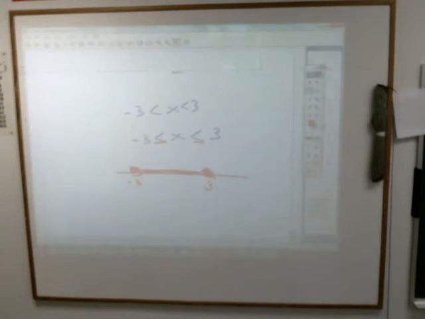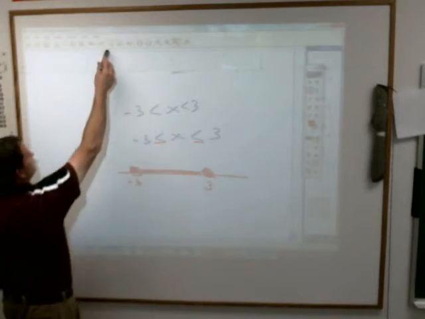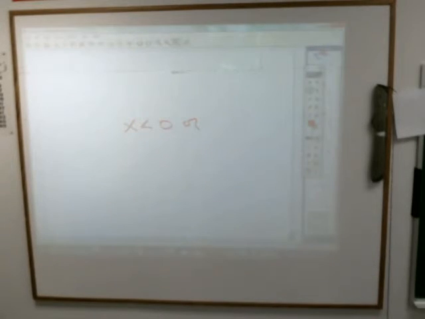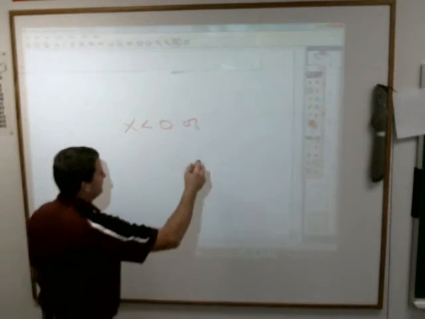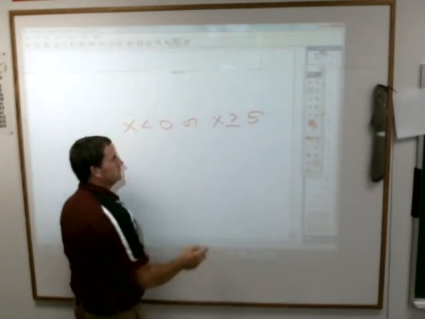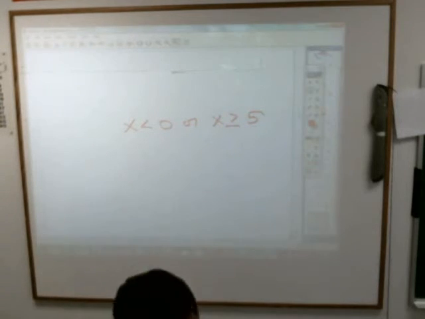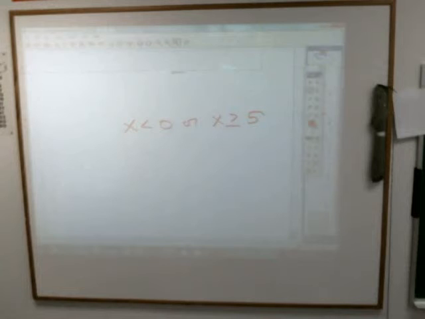How about this one? X is less than 0, or, it's an almost. X is greater than or equal to 5. Wait, what? Oh, X is less than 0 or X is greater than or equal to 5. Obviously, it's an or problem simply because of the word or, not an and problem.